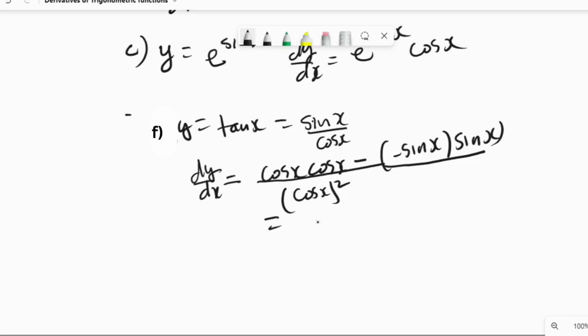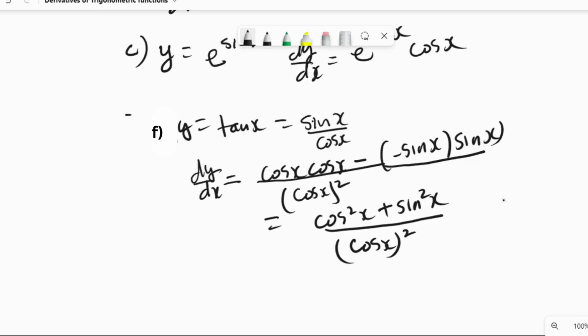This will be cosine square x, negative and negative are positive, plus sine square x, over cosine x square. Sine square plus cosine square is always 1. 1 over cosine square x, which means secant square x. Therefore, the derivative of tan is always secant square x.